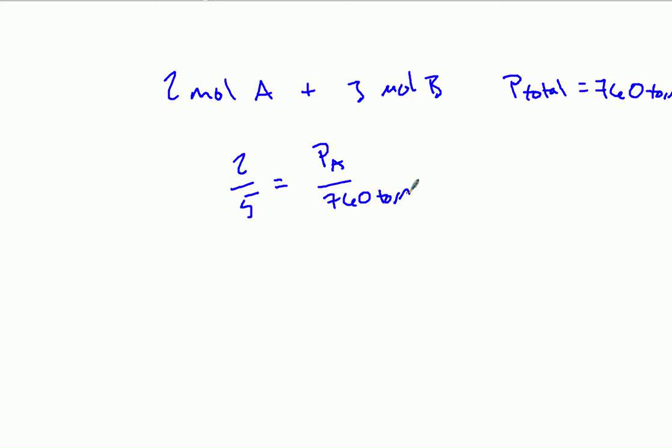So now you can do a fish method to try and solve for partial pressure of A. Right, so you take 2 times 760, well, yeah, you will, but it's 760 times 2 divided by 5. That's how you were probably taught to do that. And then you'd find out that that partial pressure for A would be 304 torr.